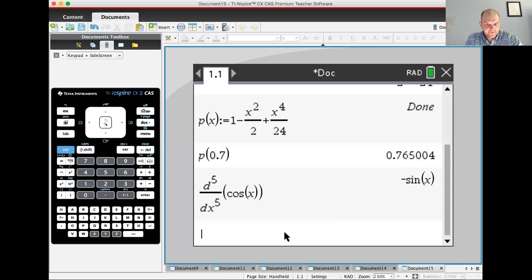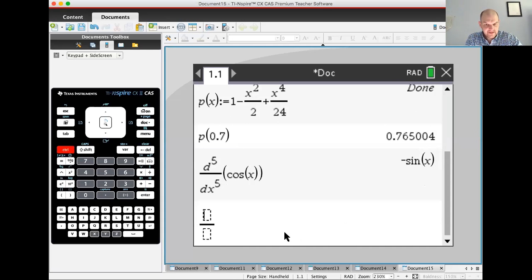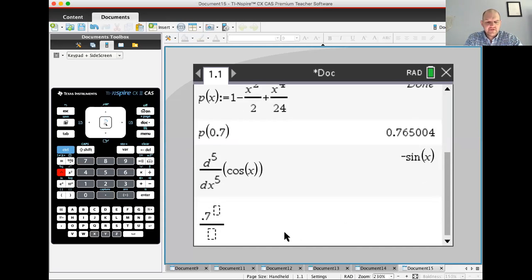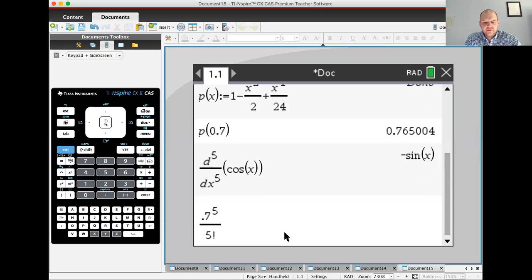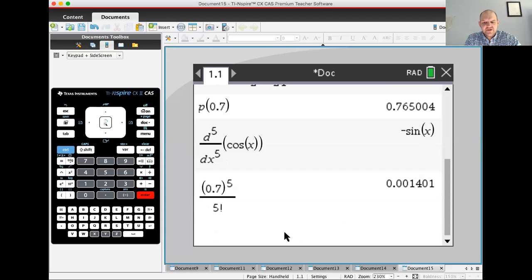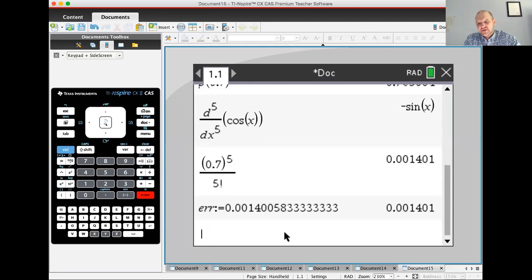So let's see. I'll store that 0.7 to the 5th over 5 factorial as a. That's what I usually store it as.